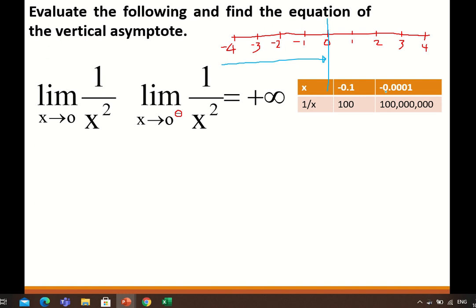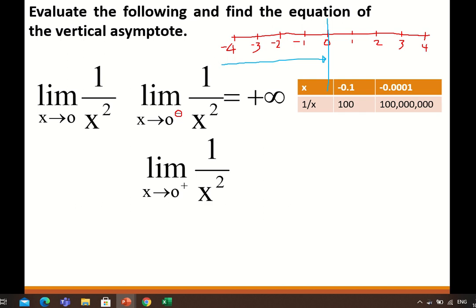How much more if you take values very much closer to 0? When you square that, it becomes a much smaller value, and 1 divided by that very small value gives you 100 million, a very huge number. So that's our result here for the left hand limit.